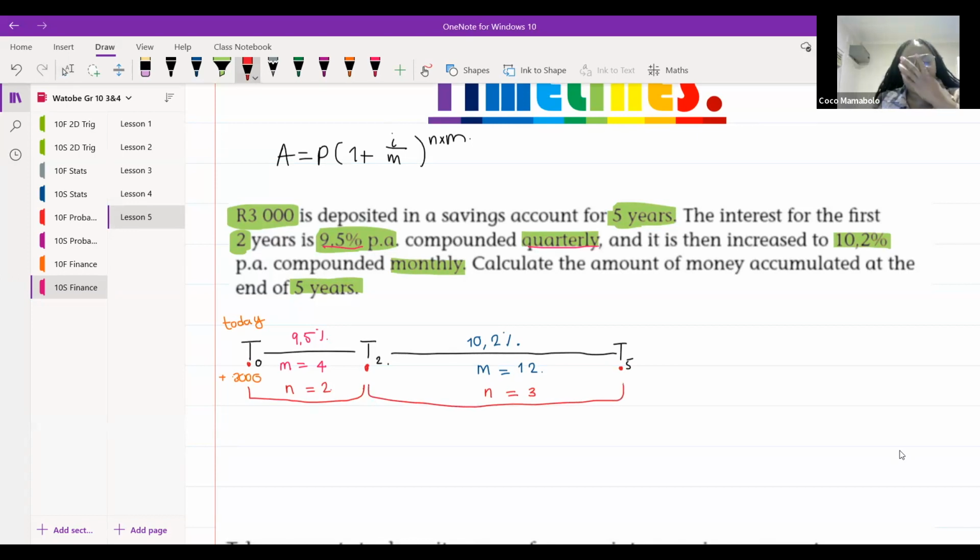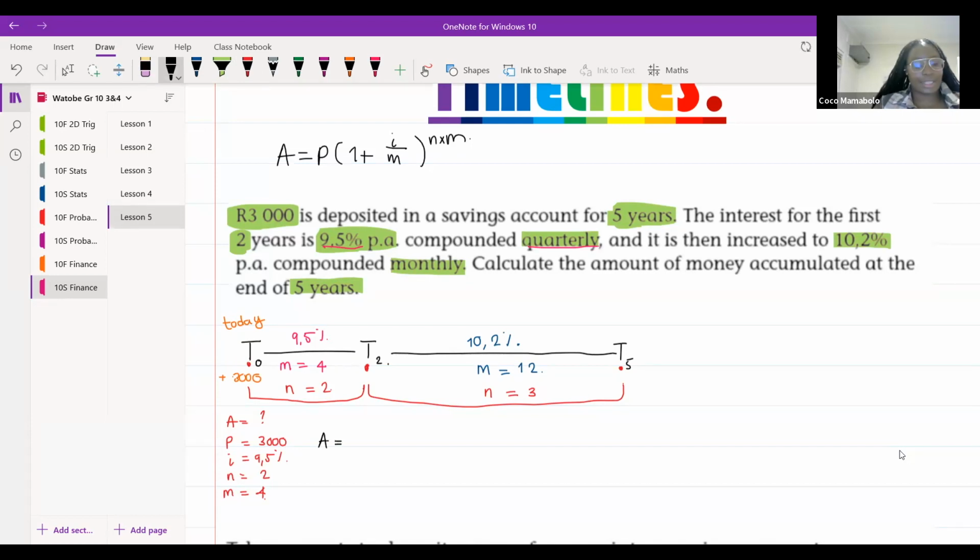All right, so let's start with this first part. We know we are looking for A. Our P is the amount that we put, 3,000. Our I is going to equal 9.5%. Our N is going to be 2, and our M is going to equal 4. I want you to please give me an answer for the first 2 years. How much do we accumulate in the first 2 years?